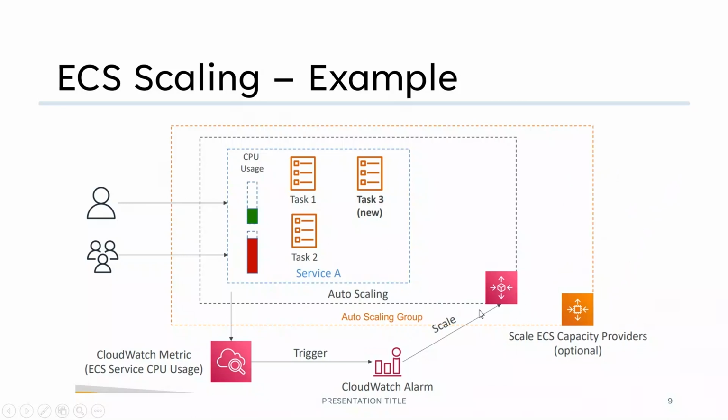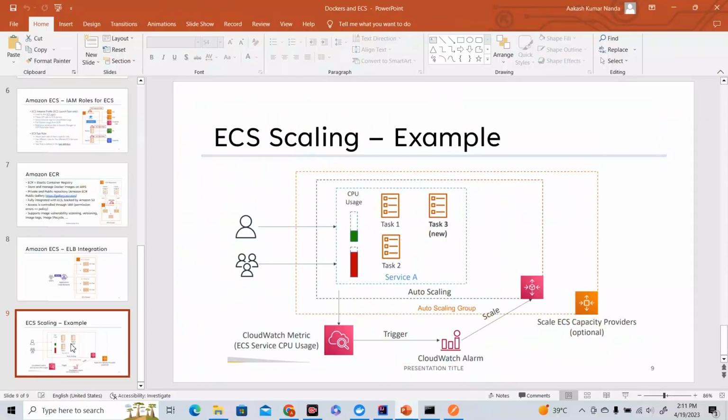Using the combination of service autoscaling and capacity providers along with your CloudWatch alarm, you will be able to create a dynamic ECS cluster where your underlying EC2 instances as well as your tasks autoscale. There is a catch: if you go for the Fargate launch type, you don't have to enable this. Fargate will take care of all the underlying stuff. You just have to enable ECS service autoscaling. Keep all these things in mind, and then you're good to go.